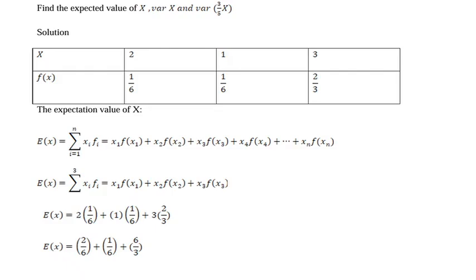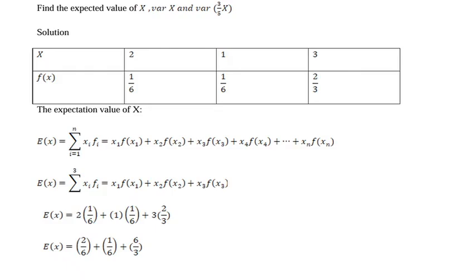The expectation value of x, E of x, is the summation, i ranges from 1 to n, of xi f of xi. That means it is the sum of all our xi times f of xi, which is x1 f of x1 plus x2 f of x2 plus x3 f of x3 up to xn f of xn.